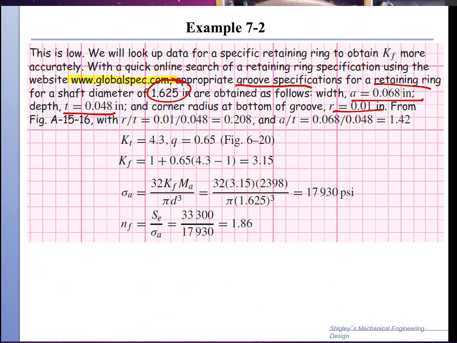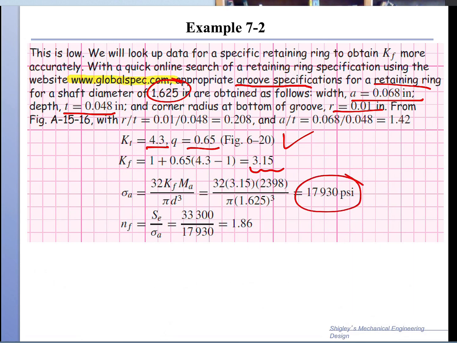And with that, you find that the static stress concentration factor Kt is not exactly 5, it's 4.3, and when you use the fact that you get some stress relief from plasticity, which is embodied in the factor q, the notch sensitivity factor, that reduces the effective stress concentration factor to 3.15.